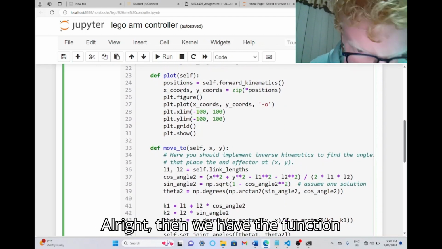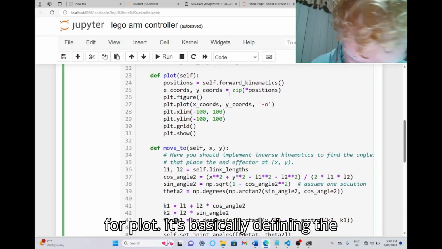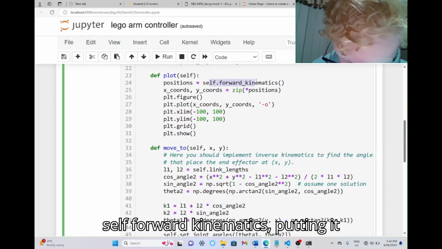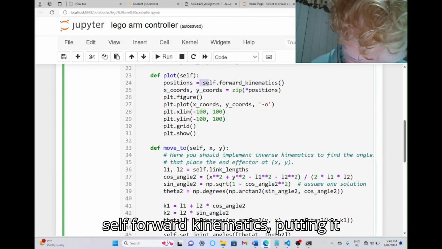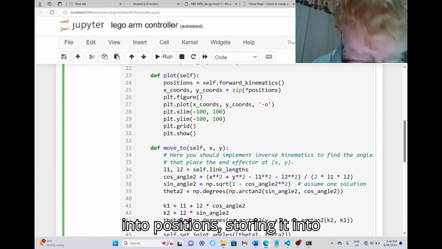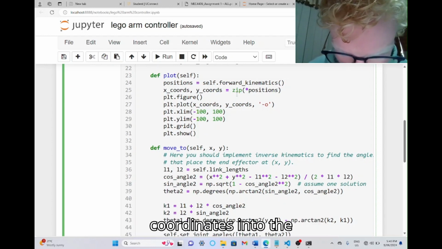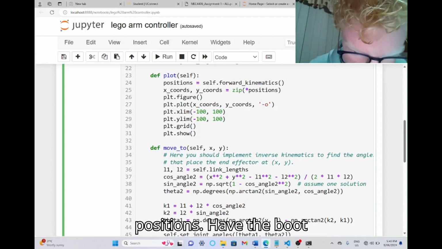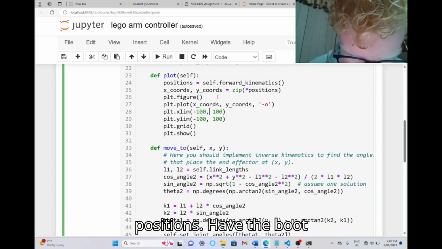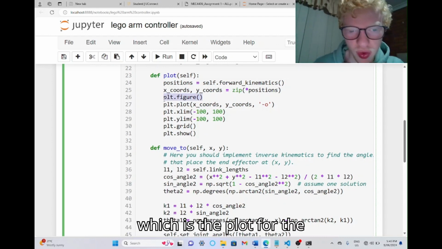Alright, then we have the function for plot. It's basically defining the self forward kinematics, storing it into positions, and defining the x and y coordinates into the positions. We have the plot, which is the plot for the grid.